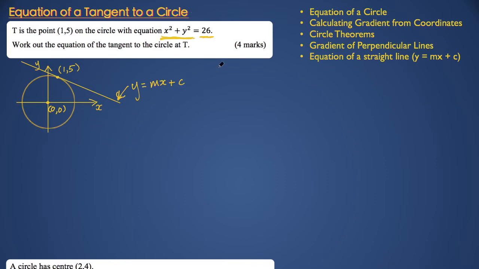Now the way we're going to do that is firstly finding the gradient of the radius between that point 1, 5 and the center. The reason we need to work out that gradient is because using circle theorems we have that a radius always meets a tangent at 90 degrees.